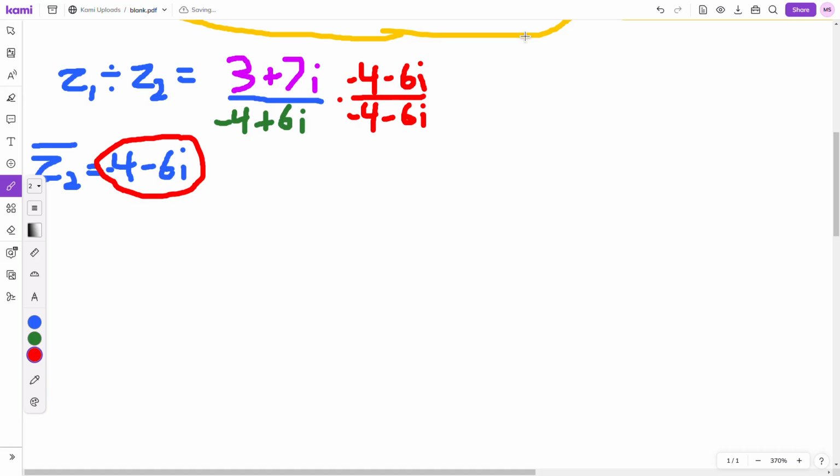So, if you remember, I mentioned that a plus bi times, in other words, any complex number, right? A complex number, a plus bi, times its conjugate, a minus bi.